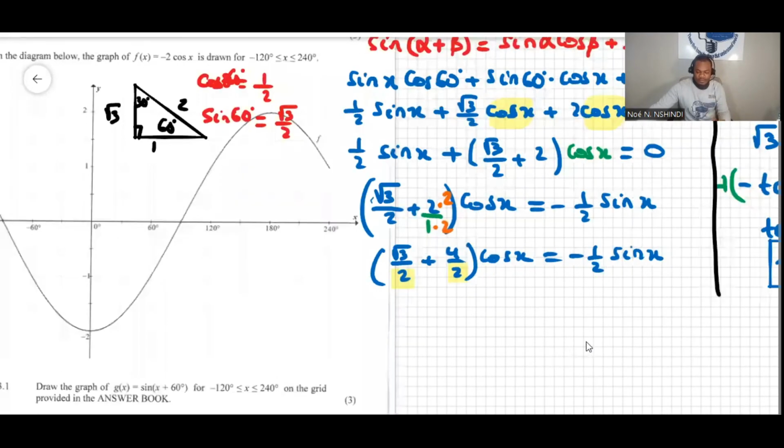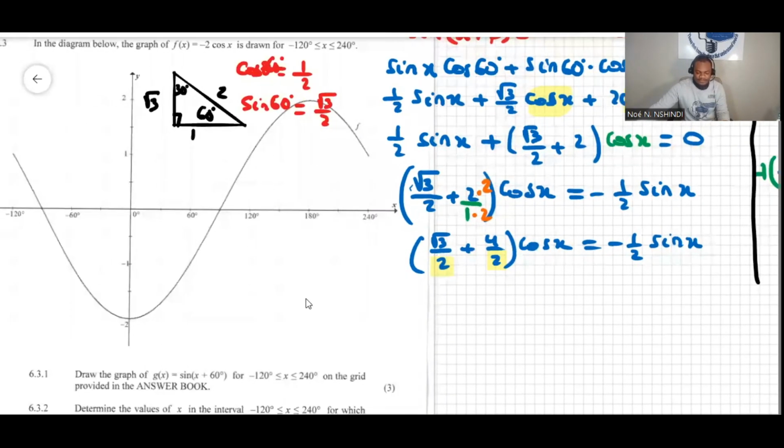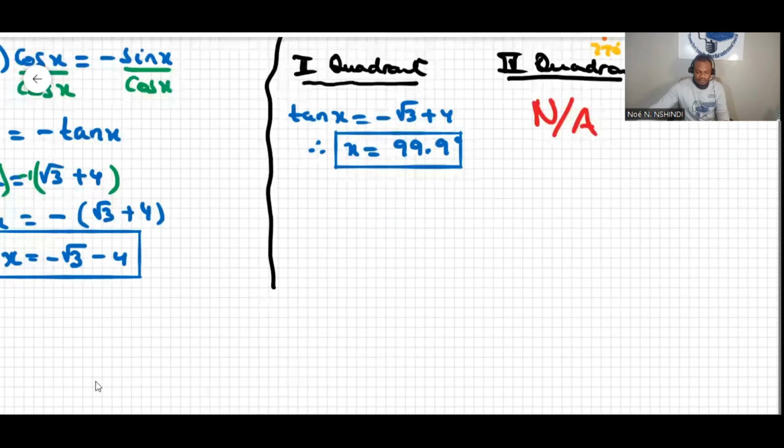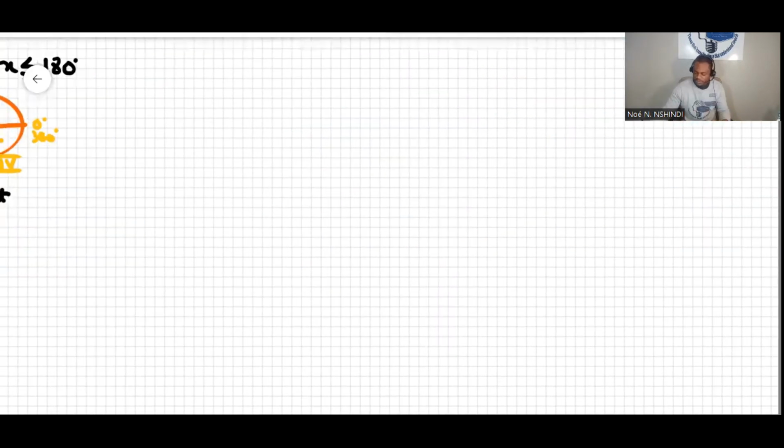I can move my board to the other side. Okay, let's see question 6.3.